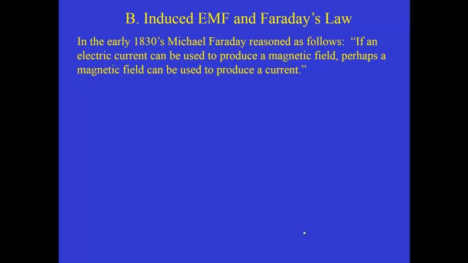So shortly after this time, in the early 1830s, Michael Faraday, who was not a skilled mathematical scientist but was a very talented experimental scientist, decided that he would test to see that if electric current can be used to produce a magnetic field, maybe I can find a way to use a magnetic field to produce an electric current.